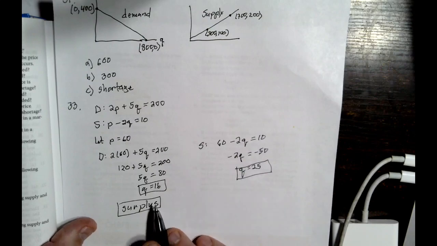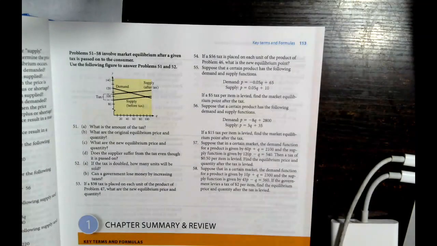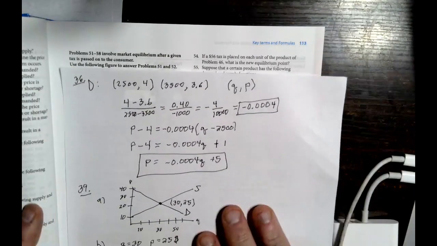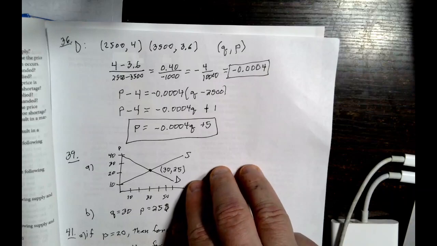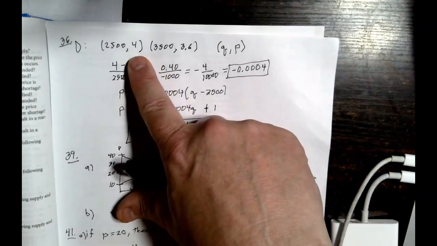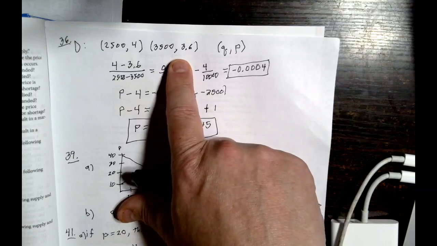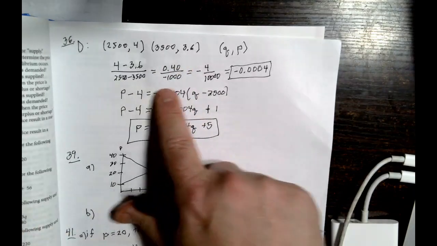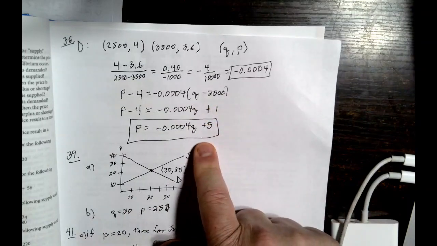So you're going to have 9 extra, and you have a surplus. 36. 36, they say 2,500 at $4 each, 3,500 at $3.60 each. Find the equation. So find the slope, plug it in, simplify, and you got it.